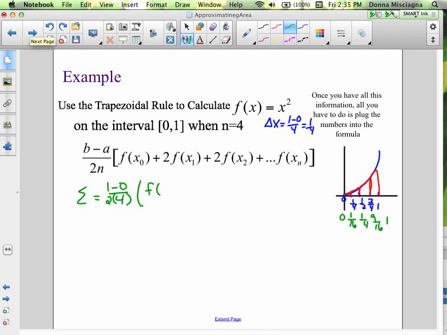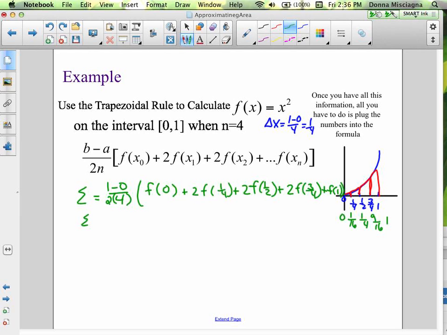So we would have f of 0, and then 2 of the f of 1/4, and 2 times f of 1/2, and 2 times f of 3/4, and then just 1 f of 1.